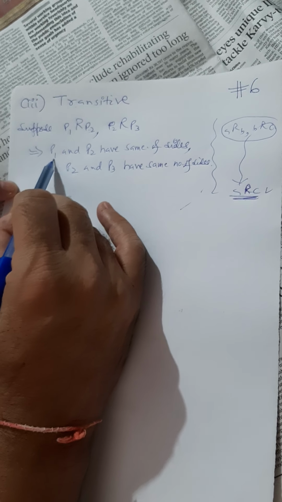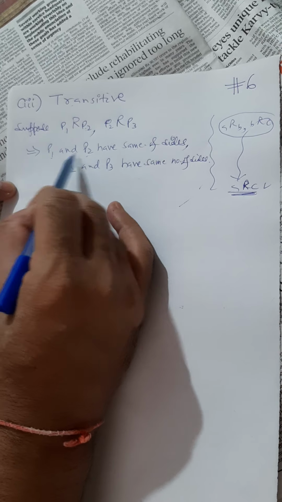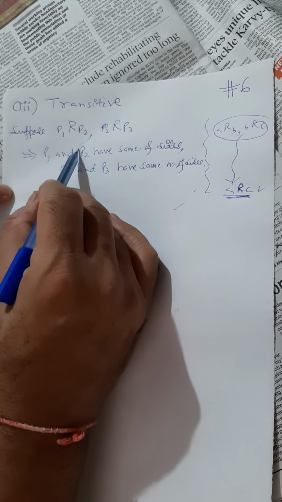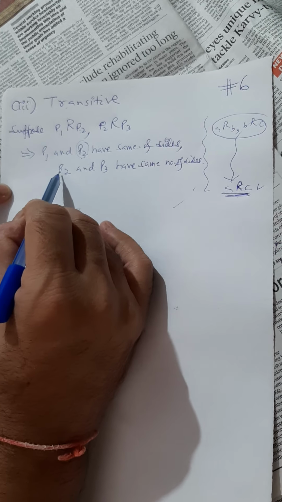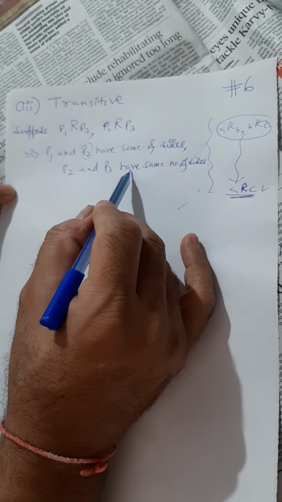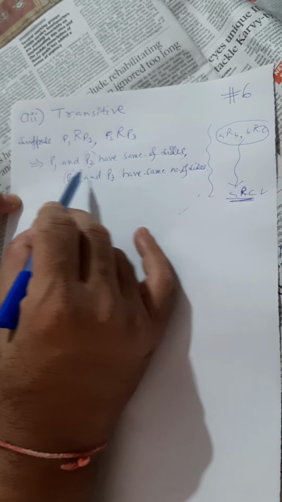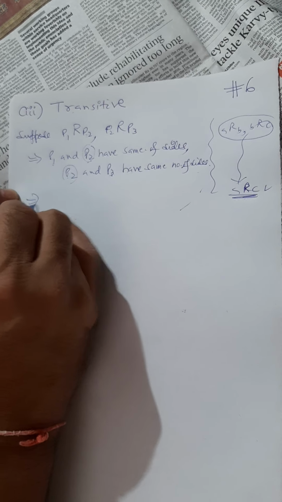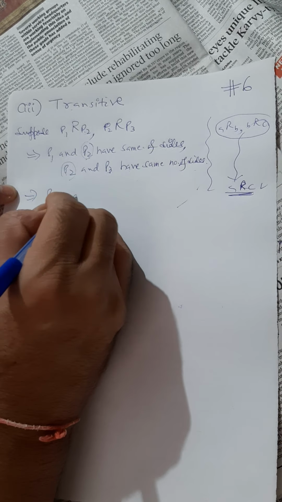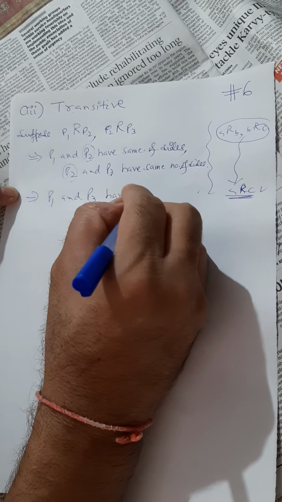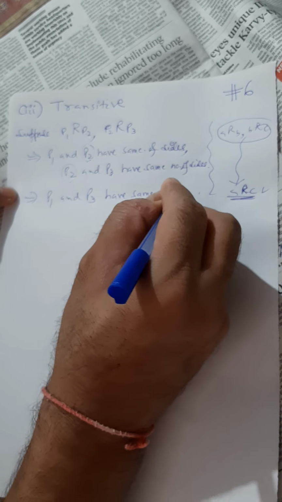Here you are saying P1 and P2 have the same number of sides. Suppose 5, 5. So P2 must have 5 sides. Here P2 and P3 again have the same number of sides. If this has 5, then this must have 5. It means P1 and P3, so clearly P1 and P3 have the same number of sides.